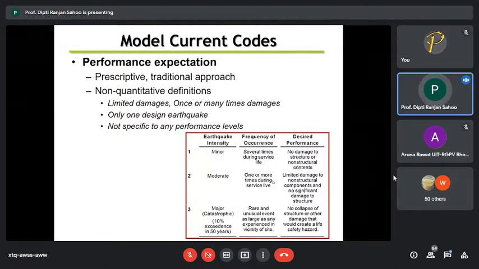Now, if somebody asks me, what is the definition of minor? What is the meaning of frequent? For example, several times, how many times? And limited damage means, what is the definition of limited damage? And all these things I am doing following a response spectrum which is unique. I have one response spectrum. So these are terms which are not quantitative definitions.